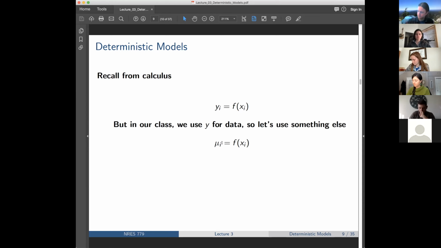I'll also oftentimes refer to mu as the expected value of the function of x for any value of x. So what's another word for expected value? This one you may not have heard of.